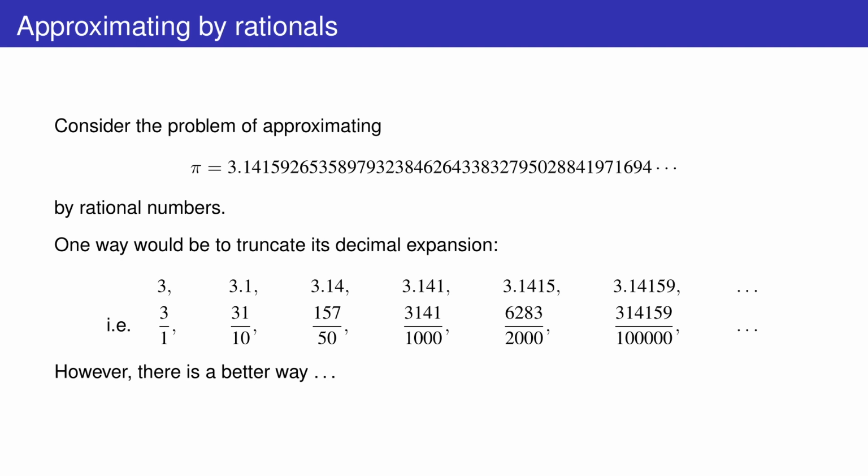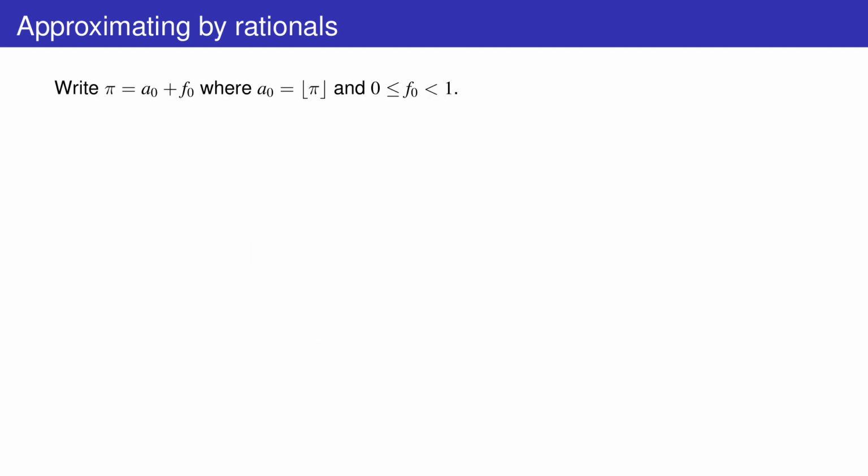Rather like its decimal expansion, we could focus on the integer part here, 3, and then what's left over. That would be our first way of approximating: focus on the integer part of pi.